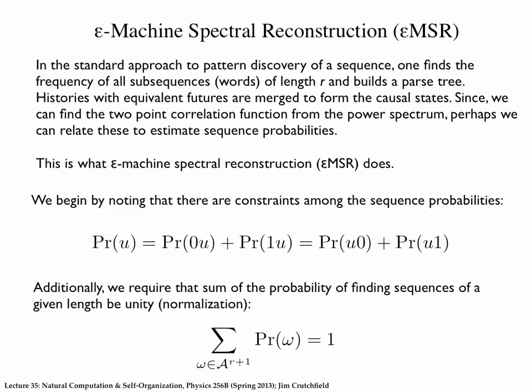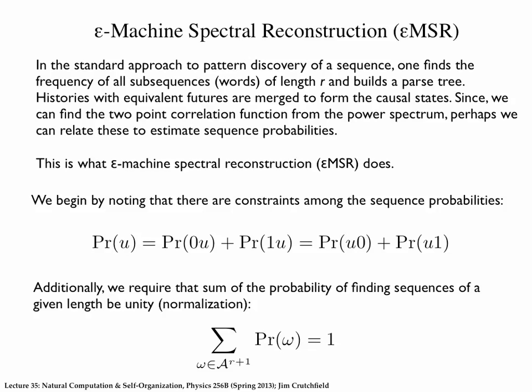But if there's some type of sequence that I'm trying to reconstruct, the first thing I know is that the sequence has to obey the rules of probability theory. And this is just a simple statement of the rules of probability theory. For any sequence U in a binary alphabet, this has to be true. The next thing is that the sum over all sequences of a given length has to equal 1. Probability is normalized.